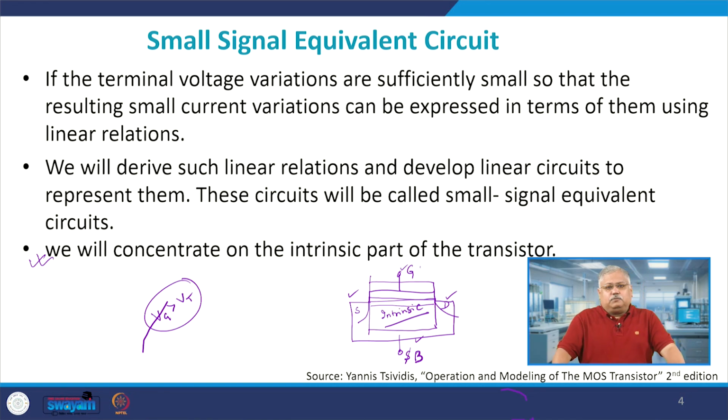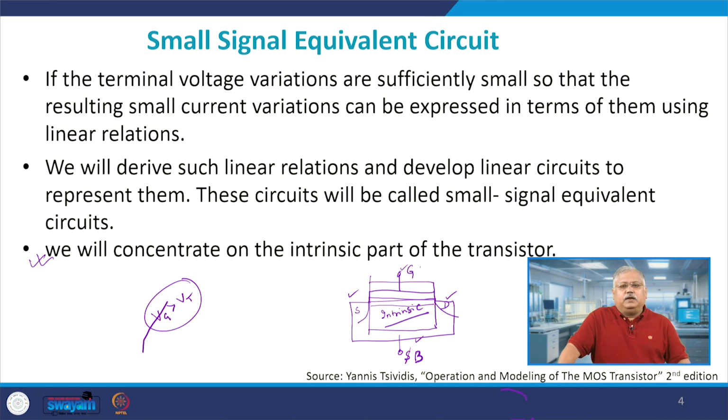Now, how do you define the small signal equivalent circuit? We have already defined that there are 4 terminals in a MOS device. Let us suppose I ground the source and bulk, but I apply a potential on the gate side and the drain side. However, I ensure that the variation in the terminal potentials on the gate and drain is so small that the resulting current equations can have a linear relationship with the voltages available between gate and drain.